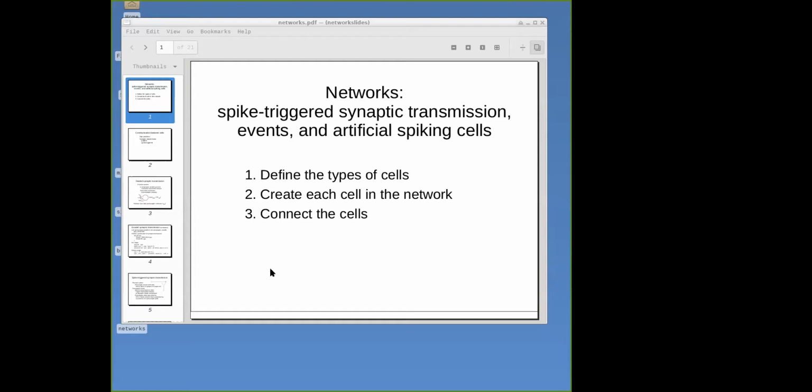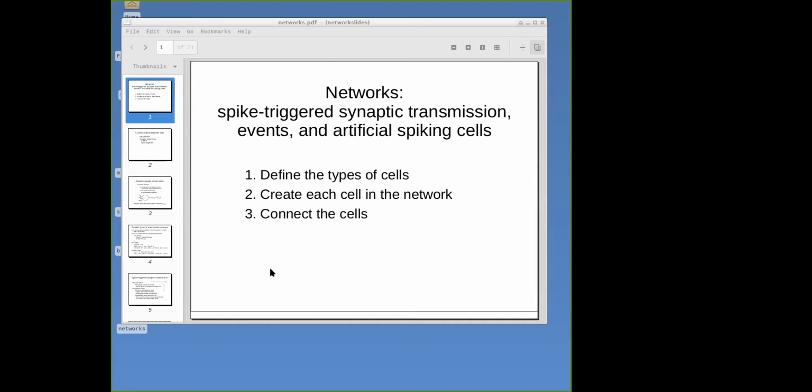So a good way to think about it is to do things in an orderly fashion. First things first. Well, what comes first? Define the types of cells that are going to be in your network. You've already made up your mind as to what it is in the biology that you want to represent and how you want to represent these cells. Are they going to be full branched architecture from morphometric reconstructions?